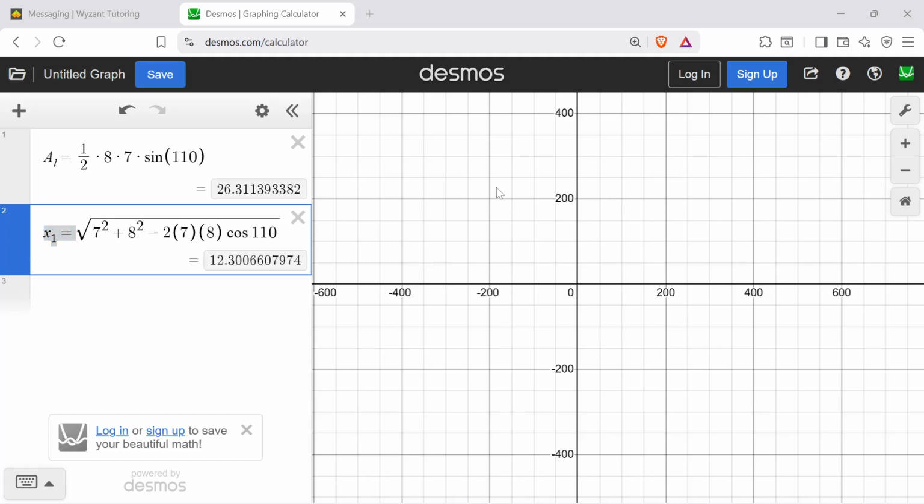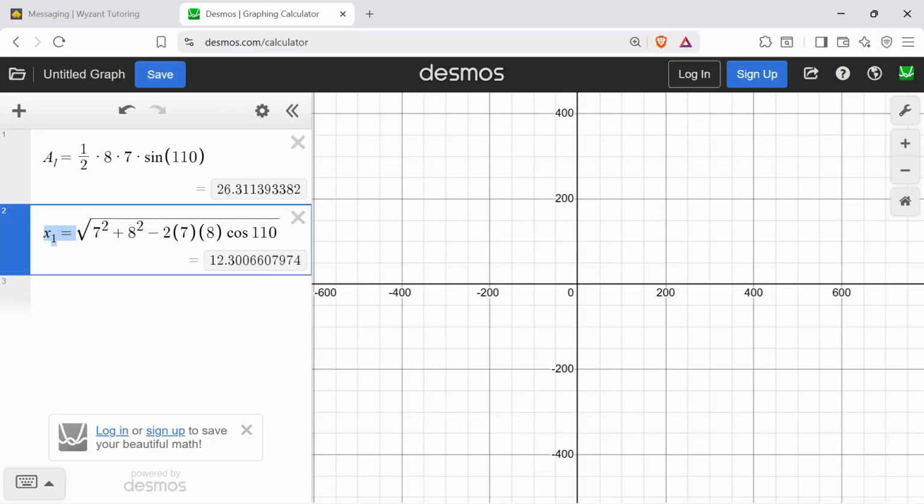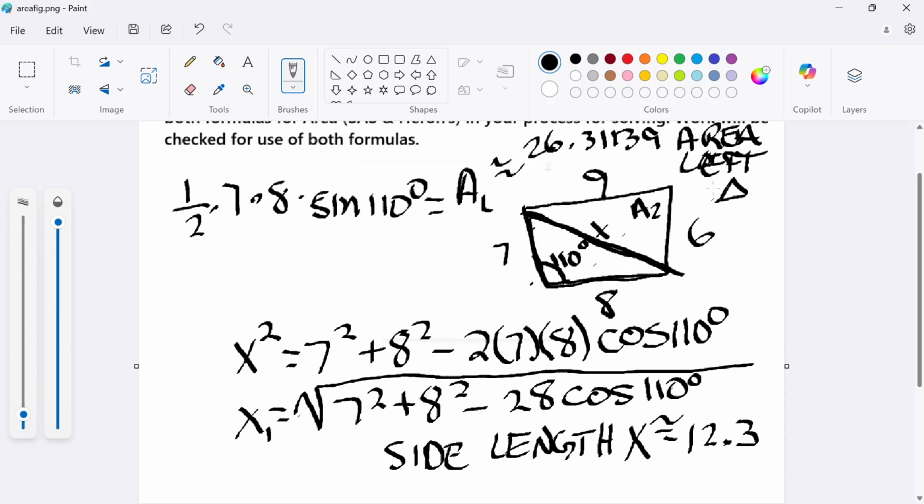That's x1, and that's side x. It's approximately 12.3, but on my calculator, I'm going to use the entire value. So x is about 12.3.